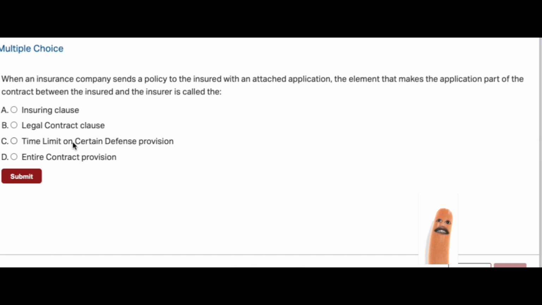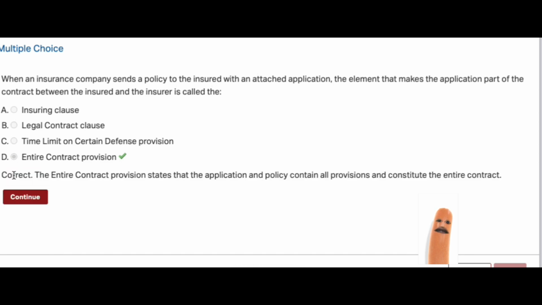The element that makes the application part of the contract. I'm going with D, Bob, entire contract provision. Ding! Correct. The entire contract provision states that the application and policy contain all provisions and constitute the entire contract. That's right. Take them notes. Next question, please.